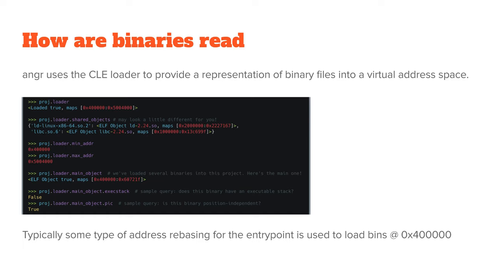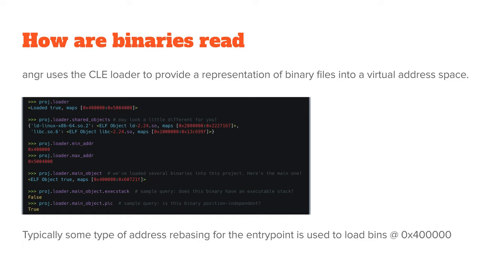And then in the next part, we show the min, max hex ranges for those objects. And then the main object, which is the main binary that those two shared objects are linked to. And then we can also see the min, max hex ranges for it, which is 0x4000 and 0x60721F.